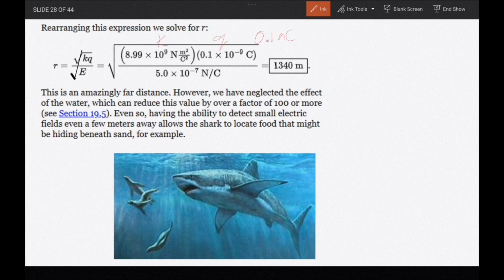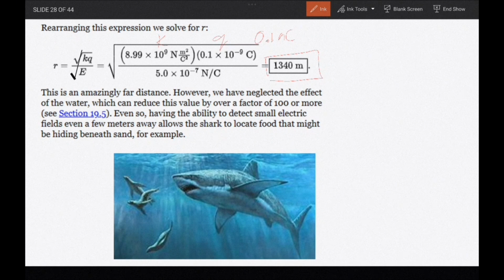We converted it to coulomb. And we're going to divide that by the electric field of the shark, which is 5 times 10 to negative 7. And we will get 1,340 meters. And that's the distance for the shark to detect the fishes.